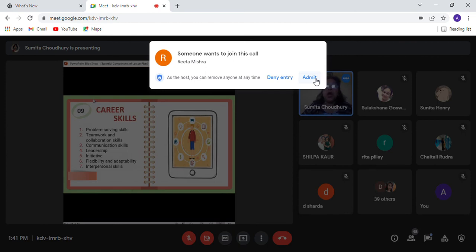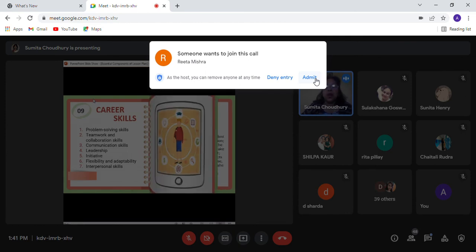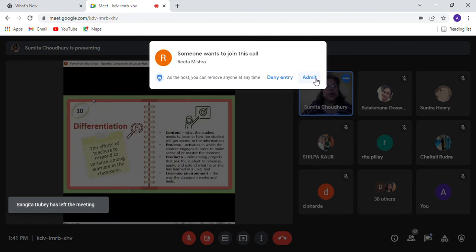So now I am just going to the next one, that is differentiation. The efforts of teachers to respond to variance among learners in the classroom. The first one is the content: what the student needs to learn, or how the student will get access to the information.